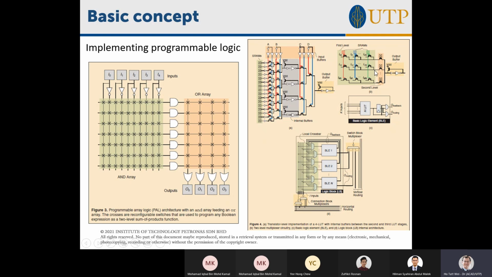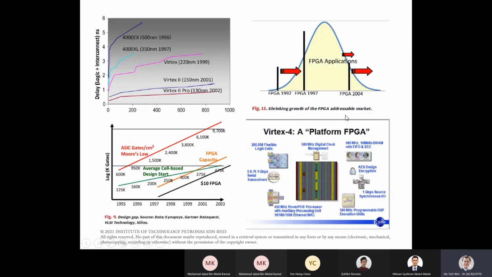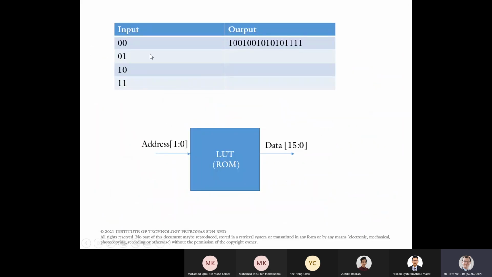This structure is what they call the K lookup table. K stands for the number of inputs, because remember, as we talked about earlier, the number of entries in the lookup table depends on the number of input combinations. If I have 2 bits, I need to specify 4 possible outputs, because there are only 4 possible combinations.